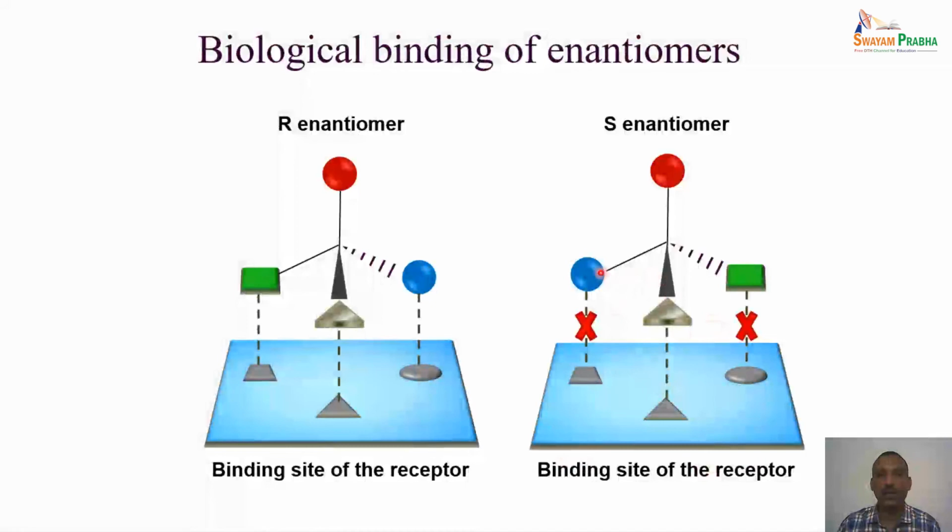In other words, only one enantiomer functions as expected, whereas the other enantiomer may have some deleterious effect. So we have to be very careful in synthesizing drug molecules.